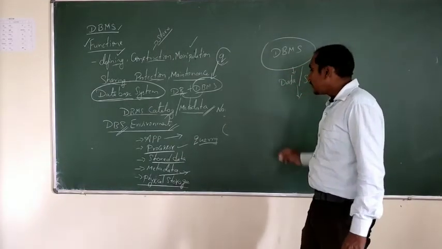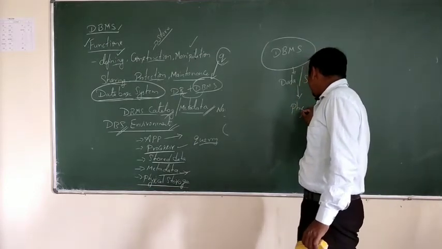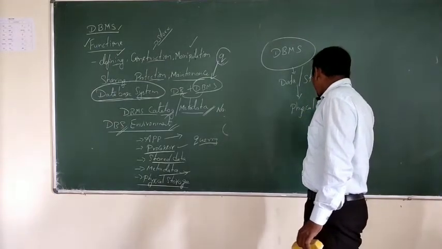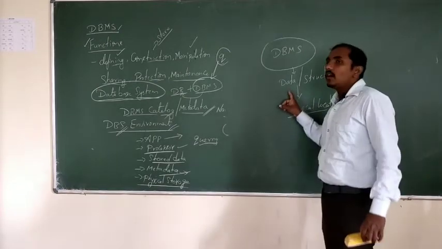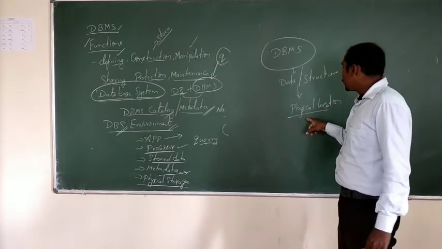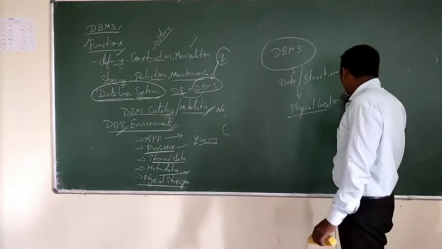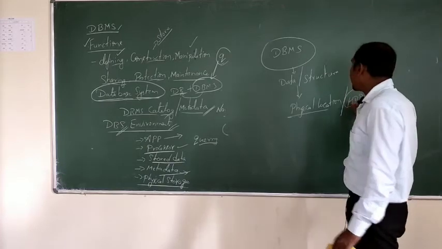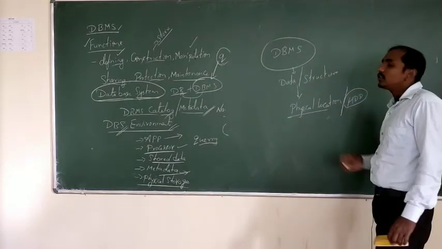After the data structure, it is also going to store the physical location. When I say physical location, that is nothing but in your memory, like say hard disk or RAM, in which place it is located. Those details we will consider as physical location.